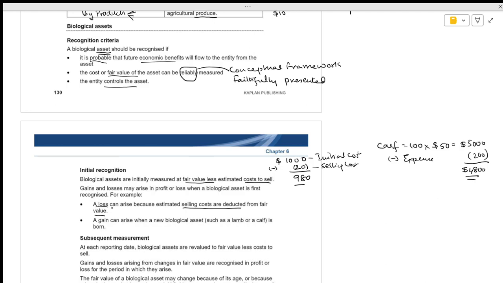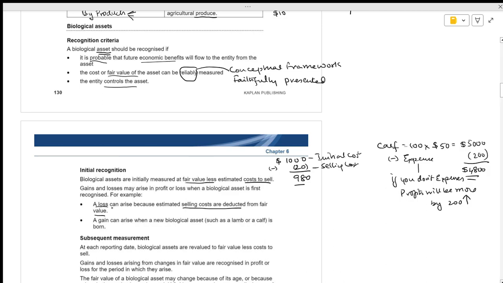If you don't have these expenses, definitely the profits will be more by 200. If you have expenses, the profit will decrease by 200.